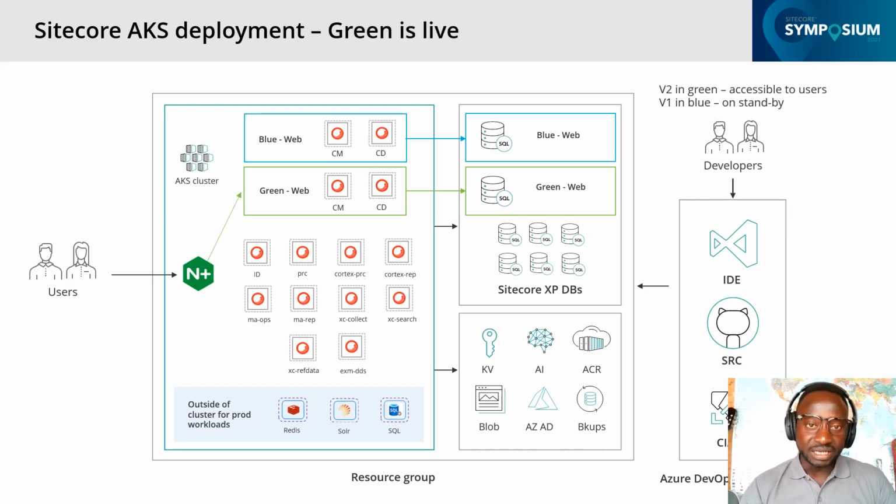So you can see here, our end users can access version 2 in our green deployment. Our blue deployment is still on standby in case we need to roll back. However, if we no longer require it, it can also be deleted. Note, as previously discussed in the platform as a service architecture, you can implement blue-green for the SXA if required.